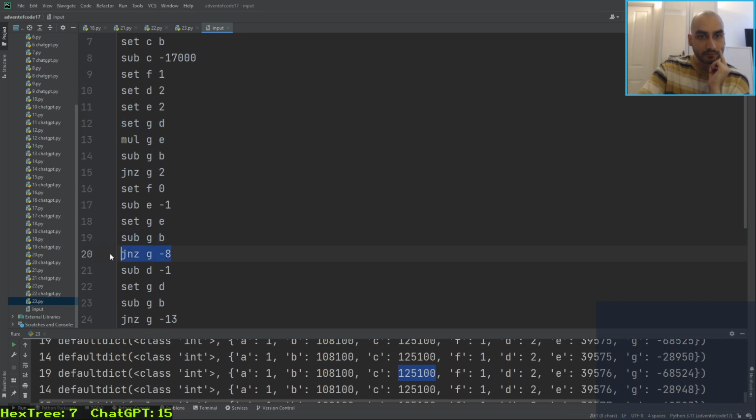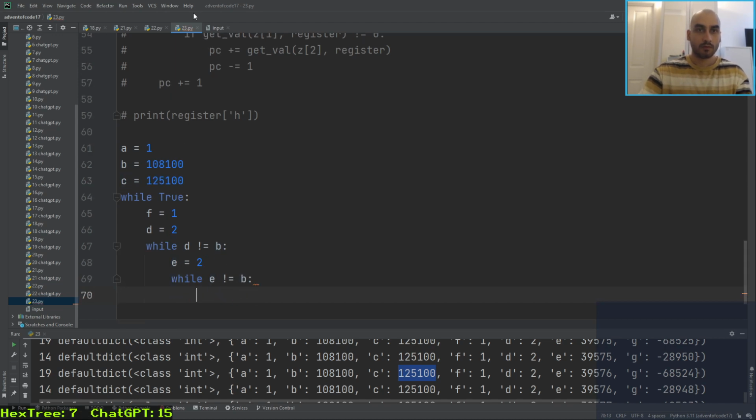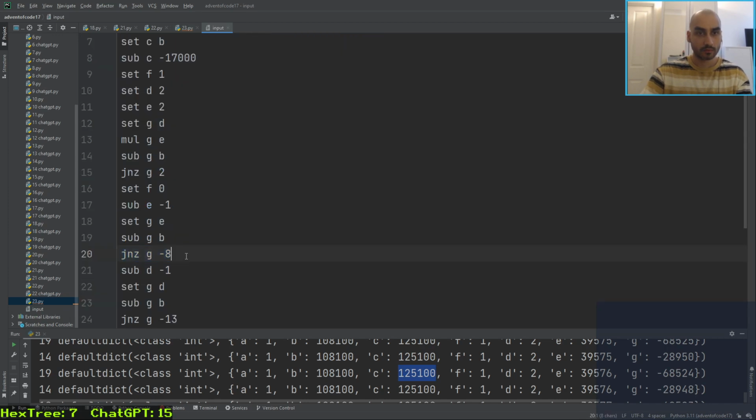While E is not equal to B. And now for this inner loop, we've got set G to D, multiply G by E, so take away B.